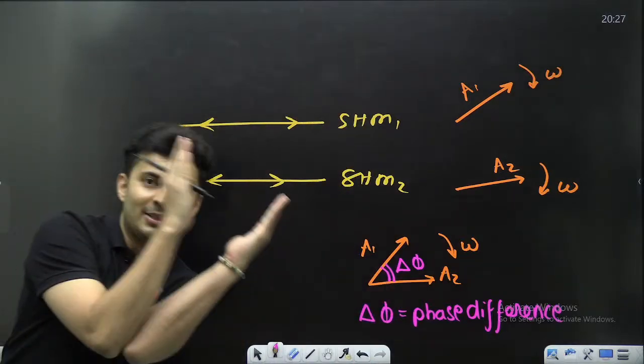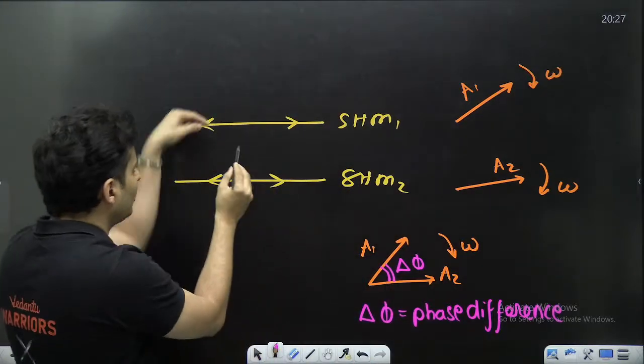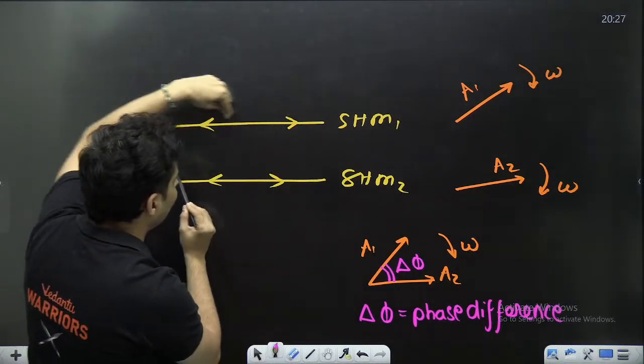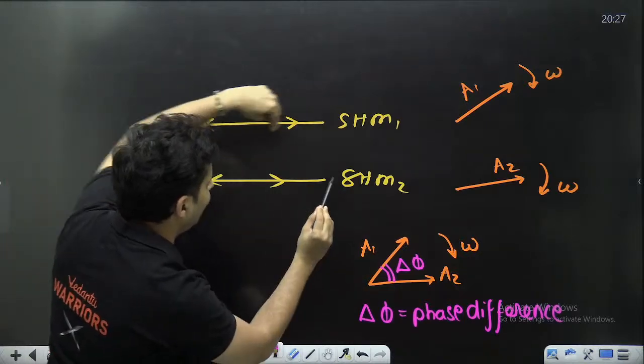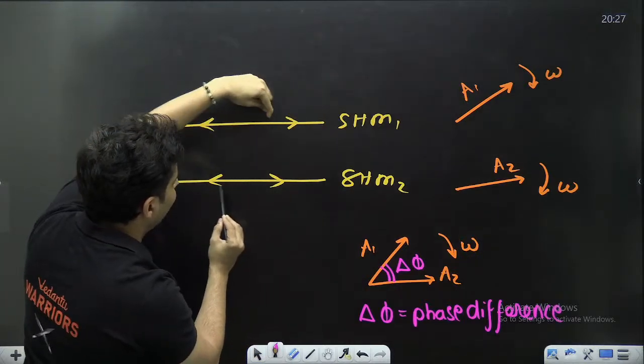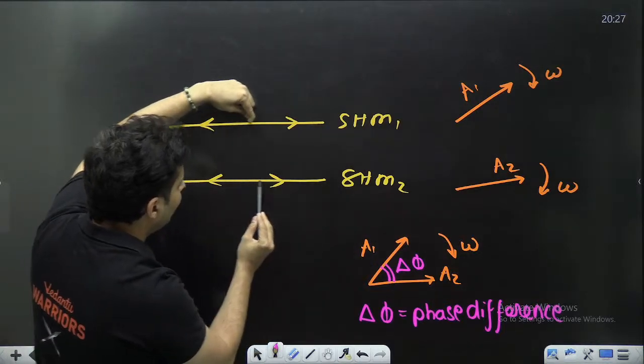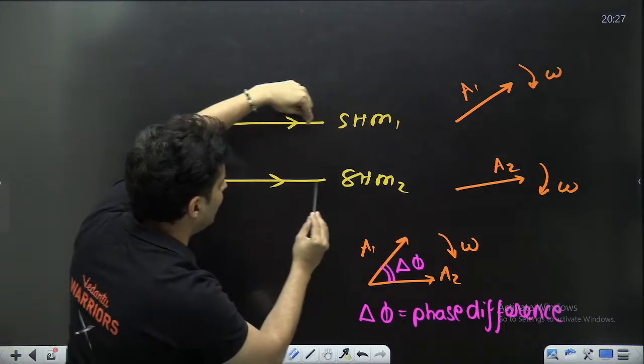Phase difference, the difference of the phase. Both the SHMs are not moving together. One is like this, one is like this. Can you see one is following the other? One is always ahead, one is behind. Sometimes the phase difference could be much larger. If they are going together, then they are in the same phase.